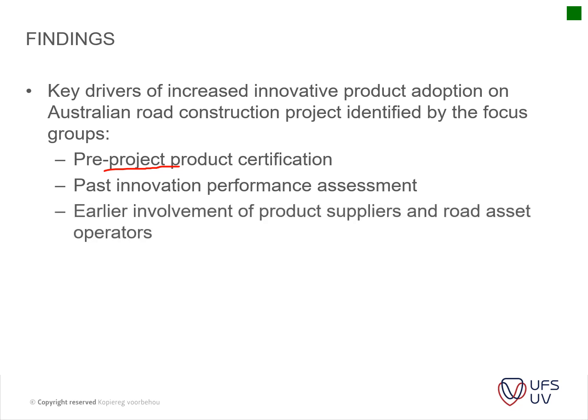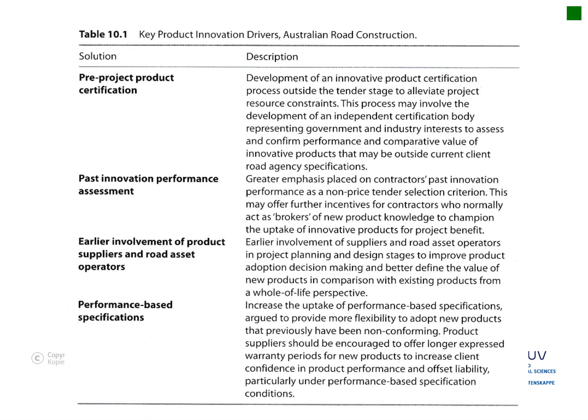Then earlier involvement of product suppliers and road asset operators. I think in our industry for buildings, contractor involvement is extremely important. And then performance-based specifications, which are clear items for gauging and evaluating the quality of work.